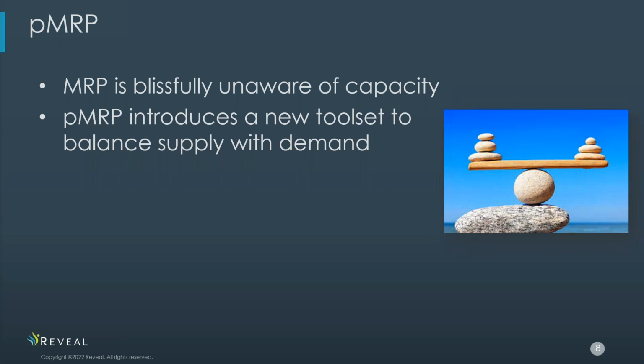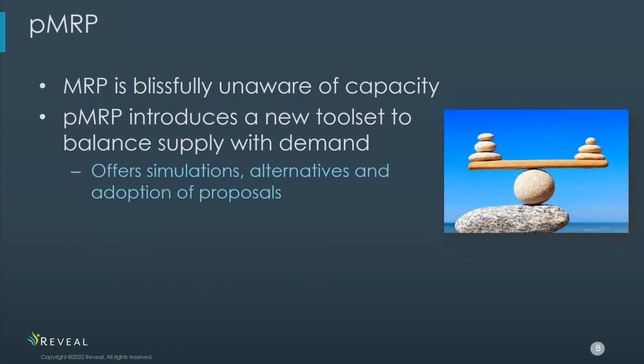So this is going to give us a new tool set to really balance our supply with our demand. And it's going to help us to quickly go out and identify where we have constraints and bottlenecks. This is really in that mid to long-term horizon. So if you think about the previous use case for long-term planning, you can see a lot of that transitioning now into these more flexible and predictive tools.